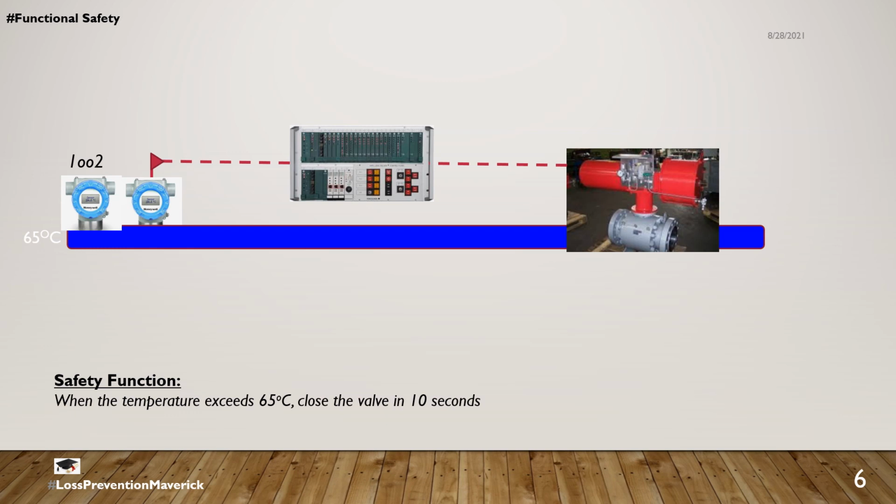So here now what happens, let's say over time one of these particular transmitters went bad, and when this process variable, the temperature, reaches 65, since it is still in the voting principle, the temperature transmitter sends a signal to the PLC, and therefore the safety function here is still executed. Why? Because there is something called hardware fault tolerance.